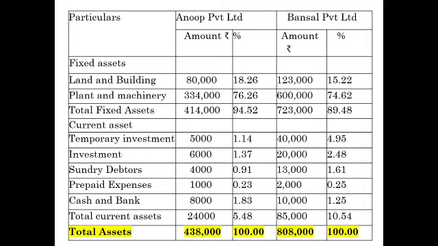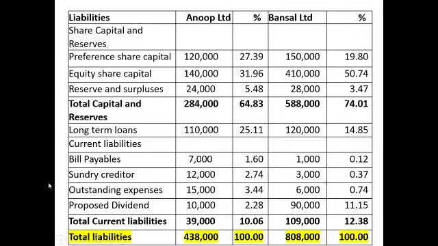I told fixed assets will come in one particular group, fixed assets. After that, current assets will be in one particular group. Next, on the liability side, one group for shareholders equity and another group for long-term loan and current liabilities.